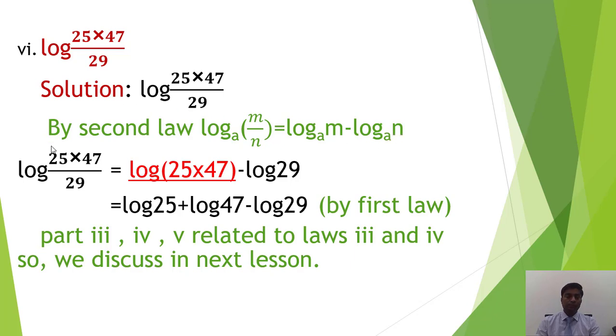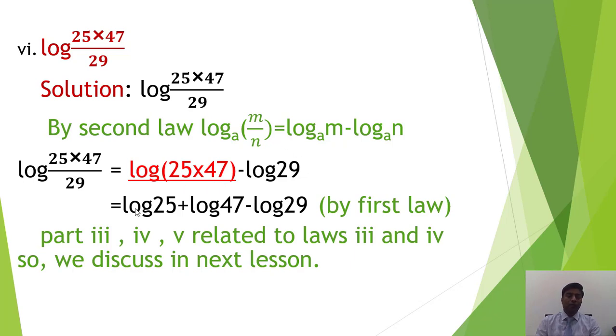Log 25 multiplied by 47 divided by 29 is equal to log 25 multiplied by 47 minus log 29 by second law of logarithm.